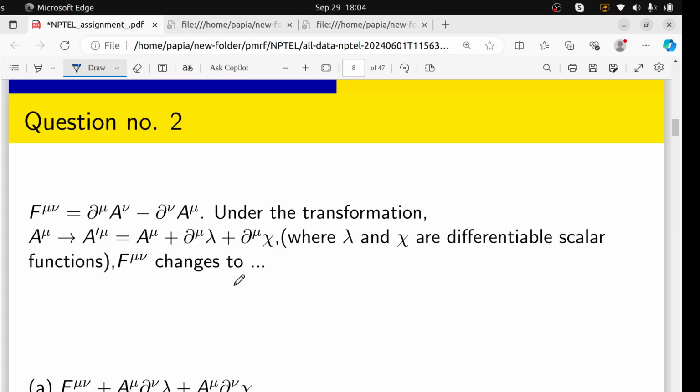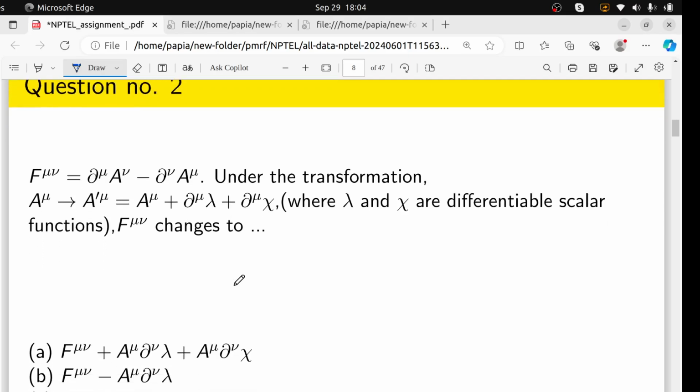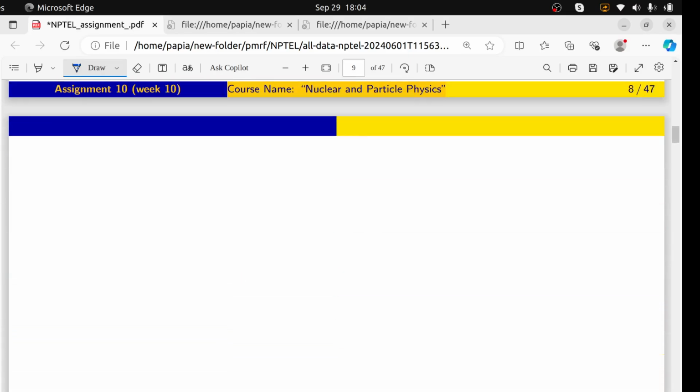Now coming to question number 2. If F mu nu is del mu A nu minus del nu A mu, under the transformation A mu goes to A mu prime equals A mu plus del mu lambda plus del mu chi, where lambda and chi are differentiable scalar functions, what does F mu nu change to? So let me write here whatever is given.